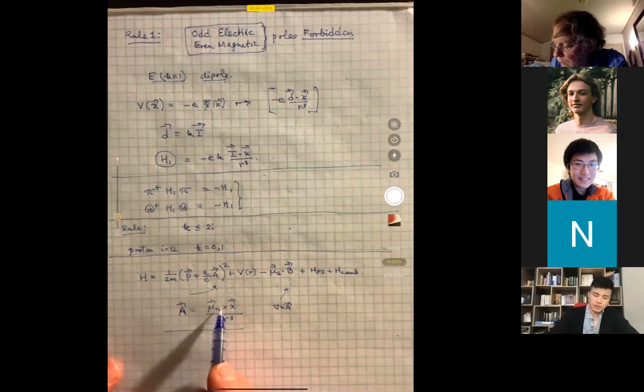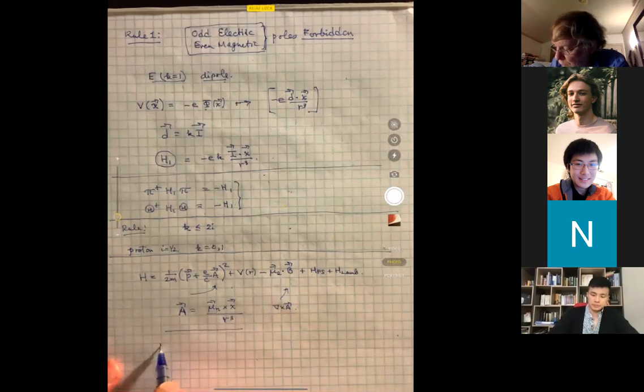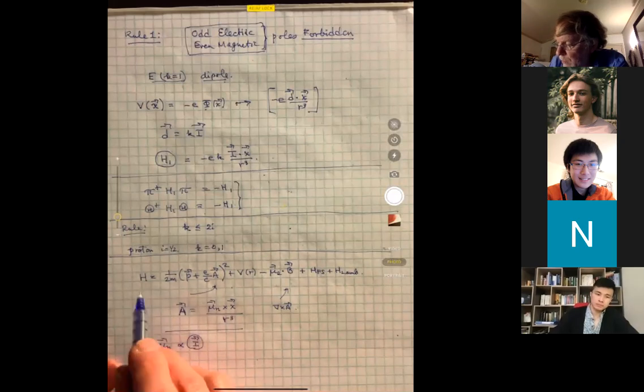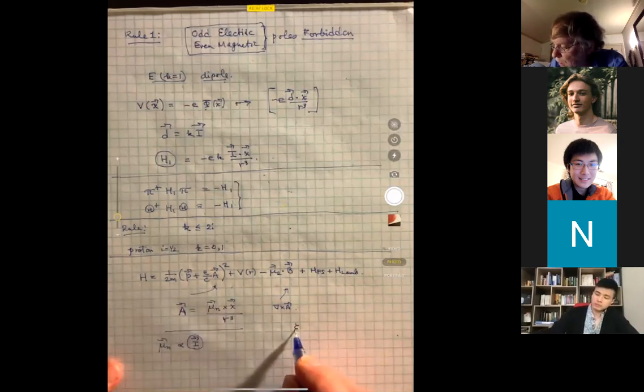By the way, the nuclear magnetic moment here, not to be confused with the electron magnetic moment, the nuclear magnetic moment, as I've mentioned already, is proportional to the nuclear spin. And the nuclear spin acts on the nuclear Hilbert space. So the Hilbert space for this Hamiltonian that I've written down is, let's call it the Hilbert space for the electronic part.